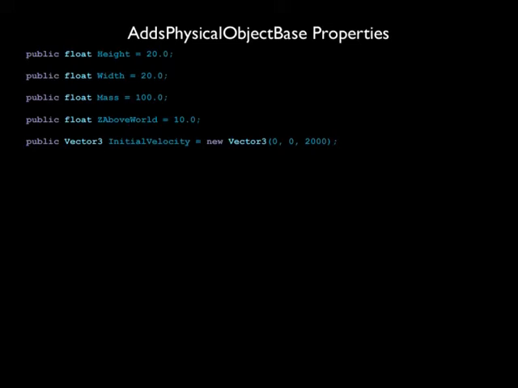Let's take a look at addsPhysicalObjectBase first. The addsPhysicalObjectBase class defines a few simple properties: height, width, mass, z above world, and initial velocity. Height, width, and mass are properties that define the size of the physics object to add to the physics world. Note that there is no depth property. When the user puts a finger or other external object on the Surface screen, Physics Panel has no way of knowing the intended z position of the interaction.